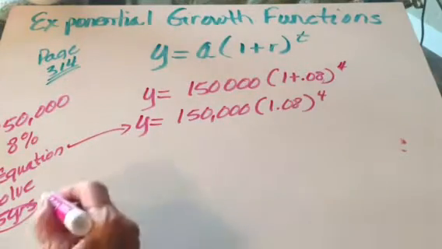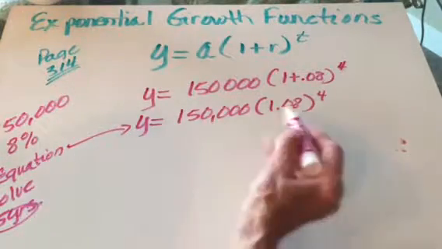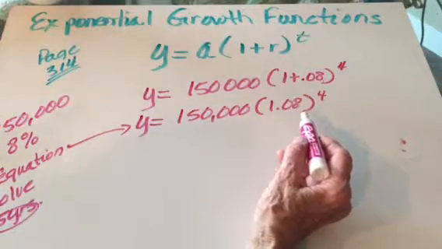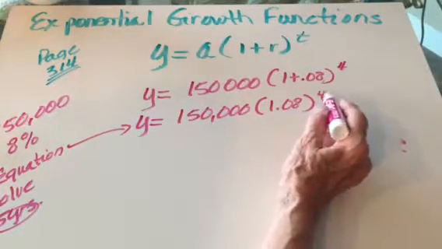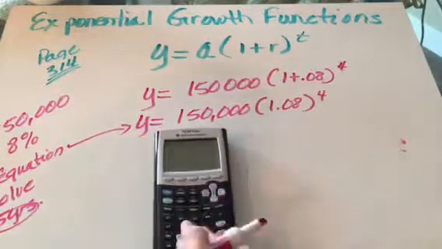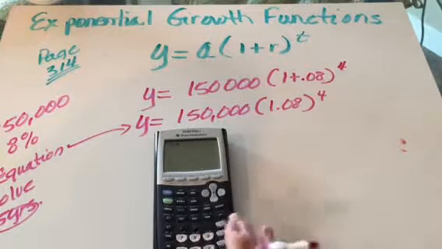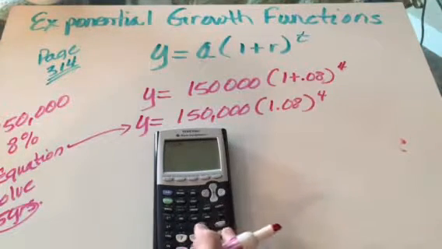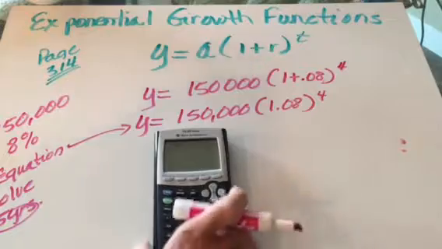Okay? Now we want to solve it for 5 years, which is really the 4th. So what I'm going to do is take my calculator, and I'm going to go 1.08 caret 4 equals.